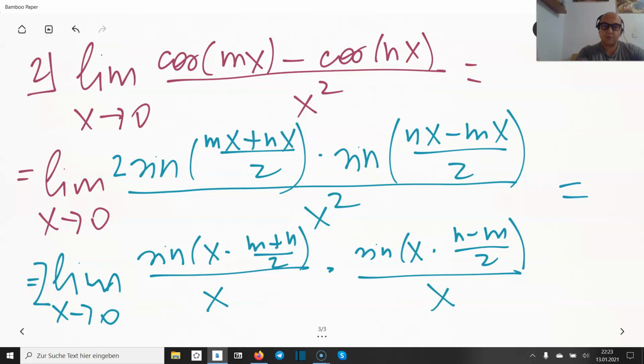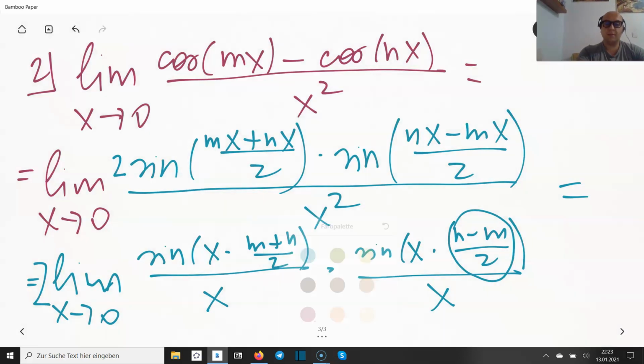And now you see if x is approaching 0, we have once again, so we don't worry about this fraction, this is some value, but we're having sine of x divided by x as x is approaching 0, so it's 1. And this one is 1 again.